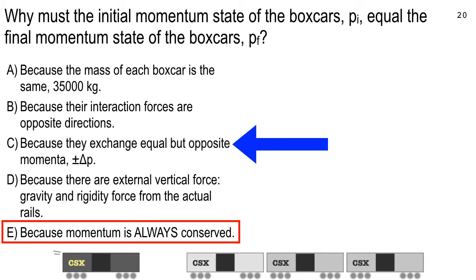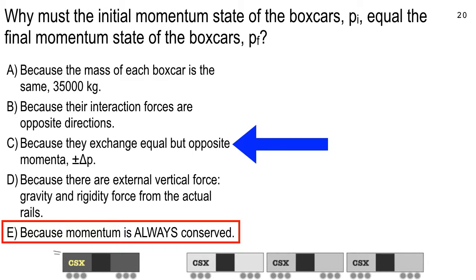But here's another one that is actually just as good. The momentum states are equal because the boxcars exchange equal but opposite momentum, plus or minus delta P. So the moving boxcar, number one, delivers a little bit of rightward delta P to the three stationary boxcars.